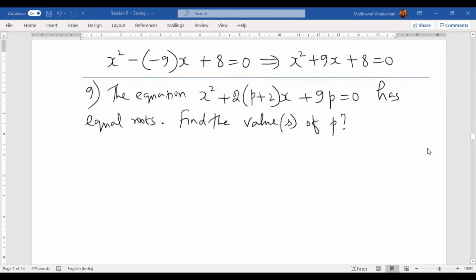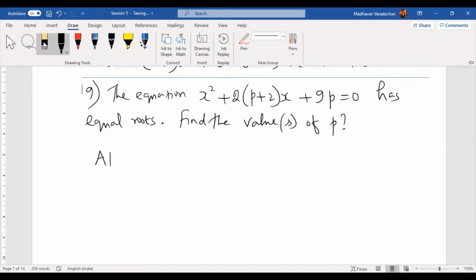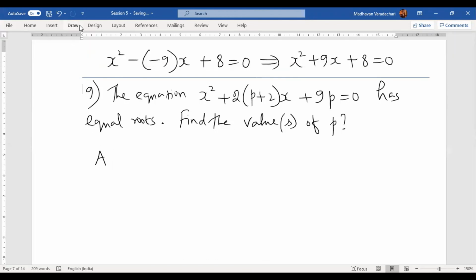The question says equal roots. So let me compare this with the general equation, ax square plus bx plus c equal to 0. Let me say this is the solution.